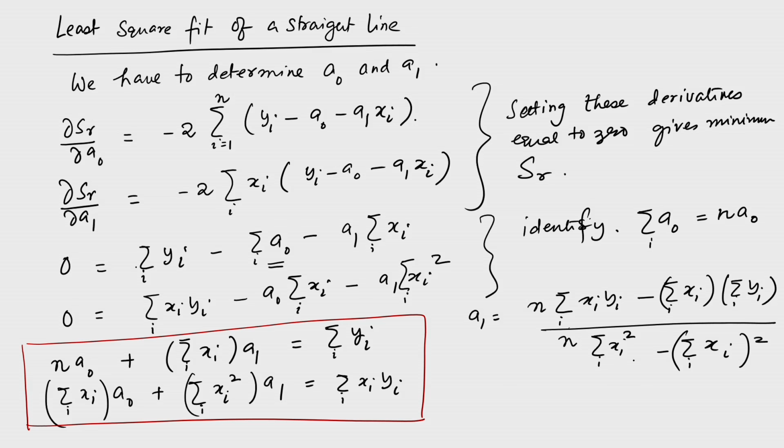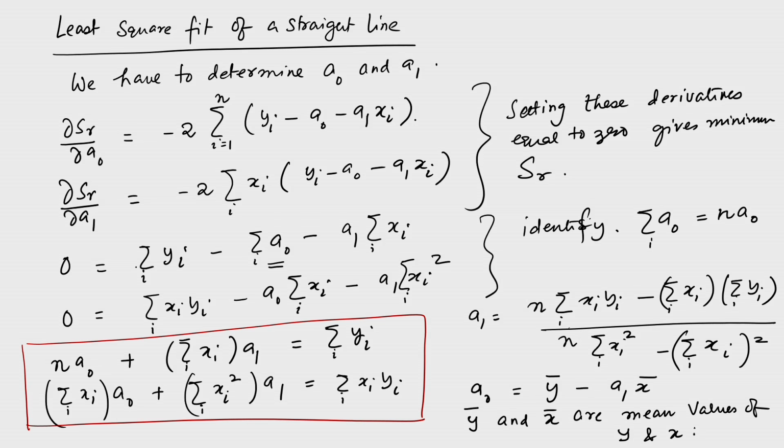These are not the same. And A 0 is nothing but y bar minus A 1 x bar, where y bar and x bar are the mean values of y and x.